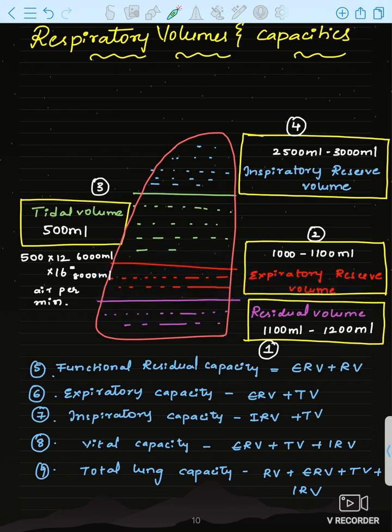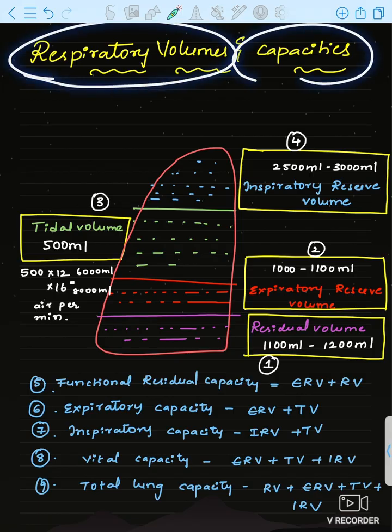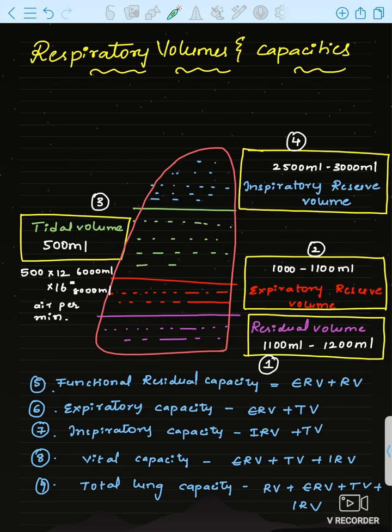Okay, so once again I will explain this. Actually it is simple if you understand. So in respiratory volumes and capacities, in the lung always some amount of volume of gases will be present, that is called as residual volume, that is 1100 ml to 1200 ml.